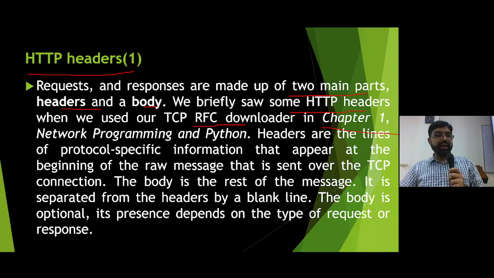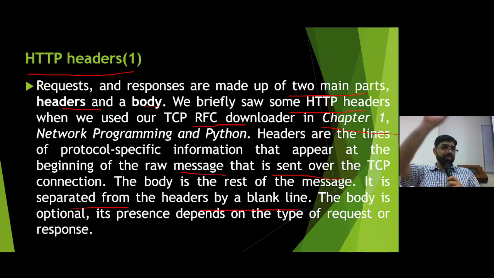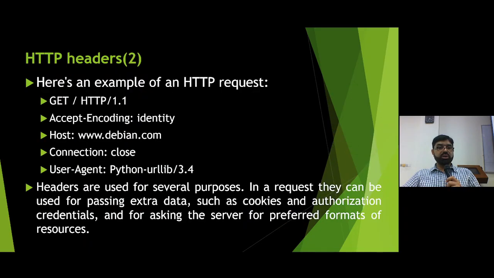Headers are the lines of protocol-specific information that appear at the beginning of the raw message that is sent over the TCP connection. The body is the rest of the message. It is separated from the headers by a blank line. So the headers come before the blank line, and then the rest is the body of the message. The presence depends on the type of request or response.